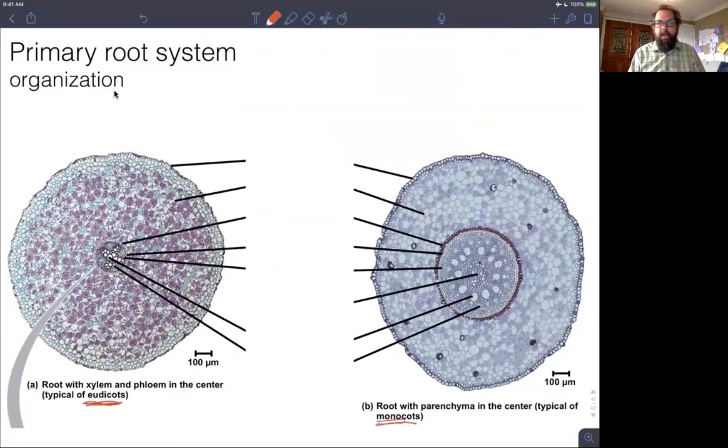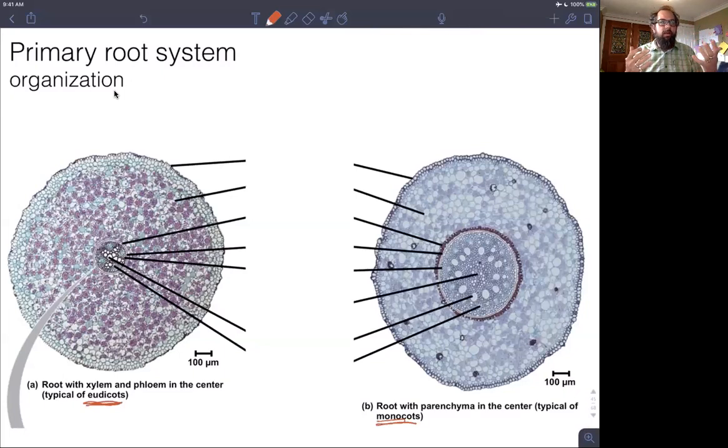And if you remember back to a couple of lecture videos ago, monocots and eudicots are two major branches in flowering plants. Just like we had with venation, we had parallel venation in the monocots, and we have reticulate venation in the dicots. The organization of the vascular tissue in both the roots and stems is different in monocots and dicots, and so we often talk about these two major groups and show the variation that we see in those.